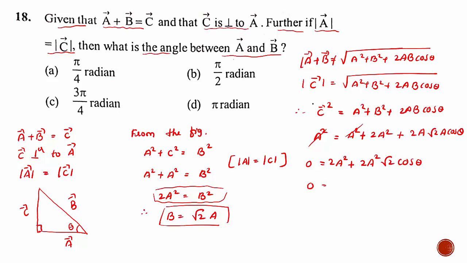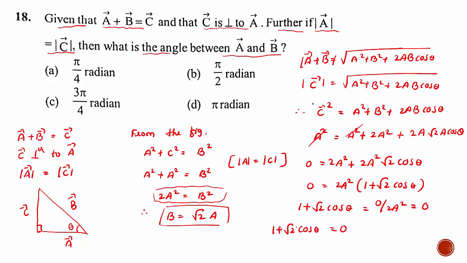Or we can take 2A square as common. Remaining is 1 plus root 2 cos theta. Or we can write 1 plus root 2 cos theta equal to 0 divided by 2A square means what? 0. So 1 plus root 2 cos theta equal to 0.